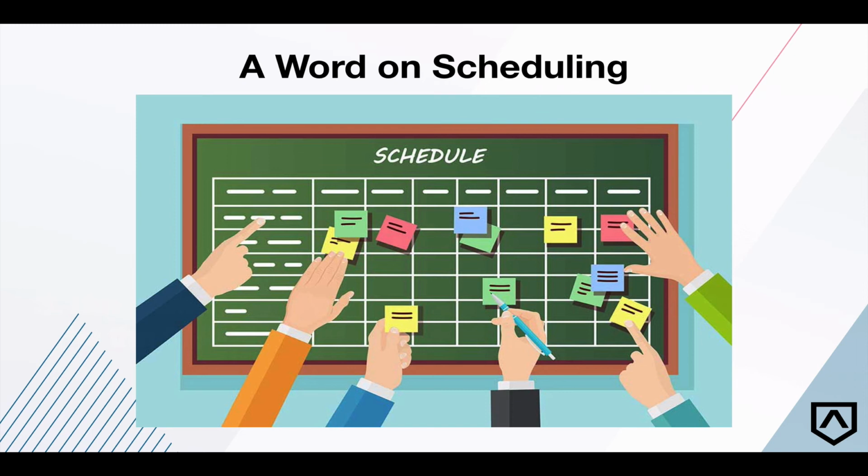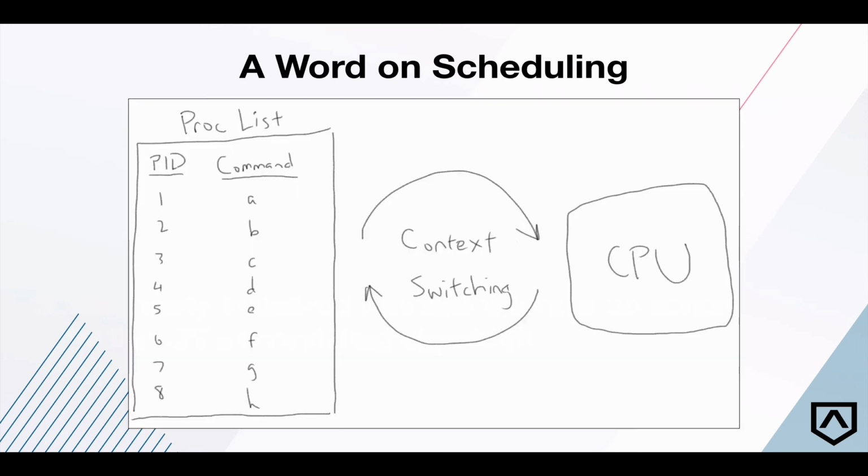And then that has to deal with a whole bunch of finicky details such as how long do we run each process on the CPU, for example, right? Because in this illustration here, if we have an example process list, basically the idea is that we need to be constantly switching through all of these processes, swapping them in and out of the CPU.